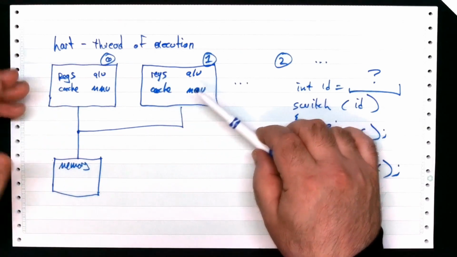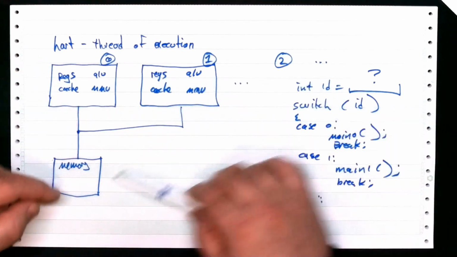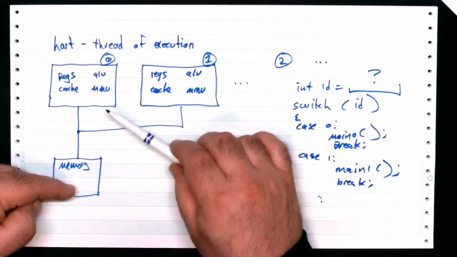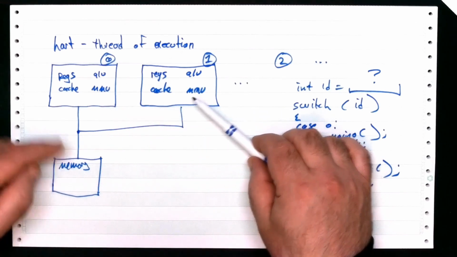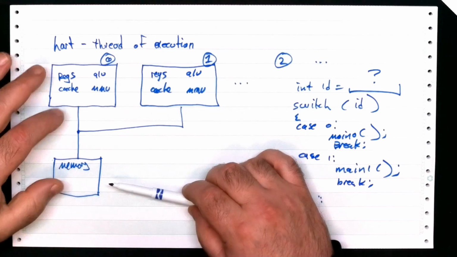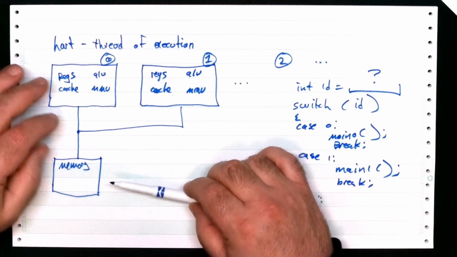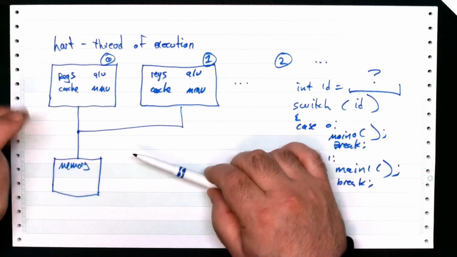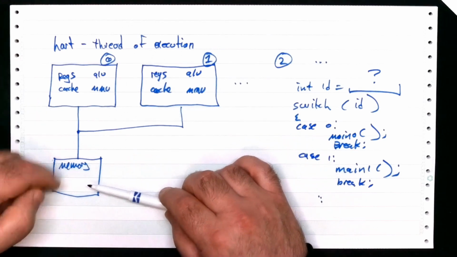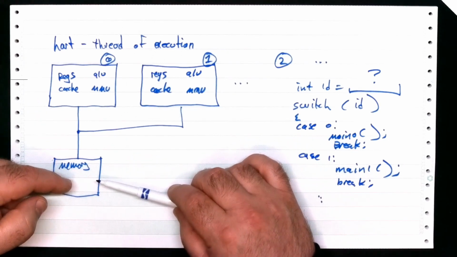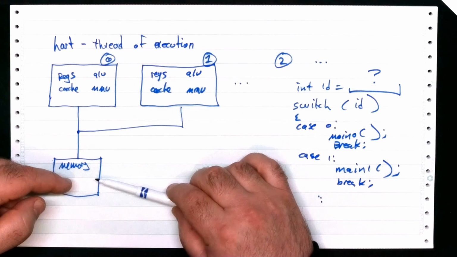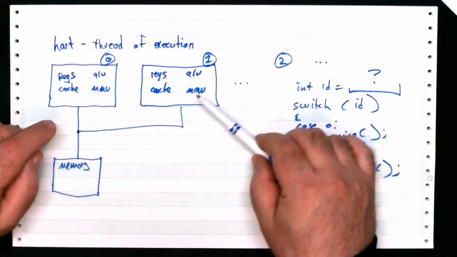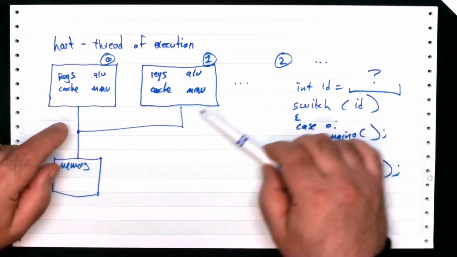So what is shared between all these harts? The memory is shared between all these harts. So if we're careful and we do a very specific order of operations, we can set some flags in this memory so that each one of these harts can figure out what the other one's doing.